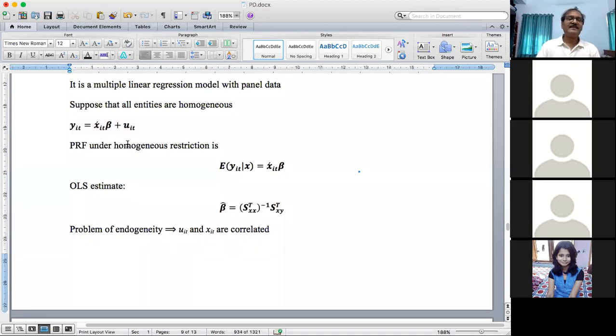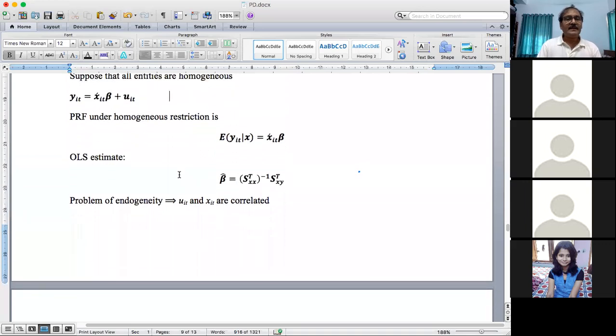That is, here we have more information, more data points, as compared to the conventional cross-section model. So the only difference is that we are estimating this model by using more information, but in our conventional cross-section model, we are estimating this model with limited information. This is the basic difference between the pooled regression model and our conventional multiple linear regression model.